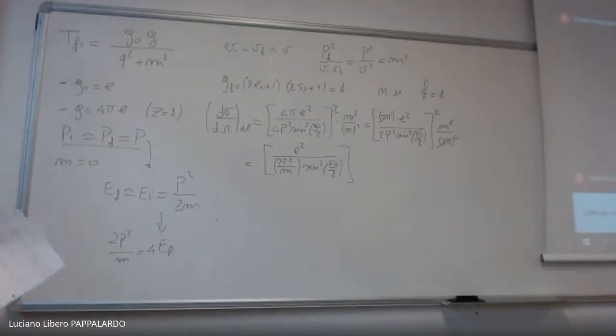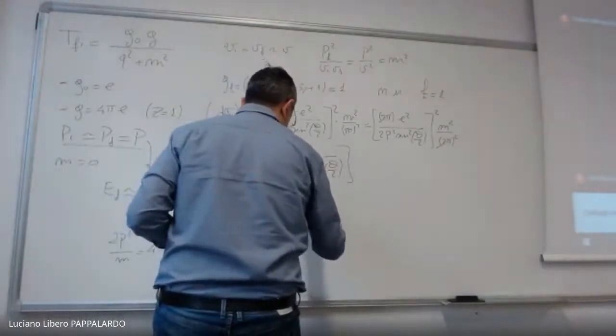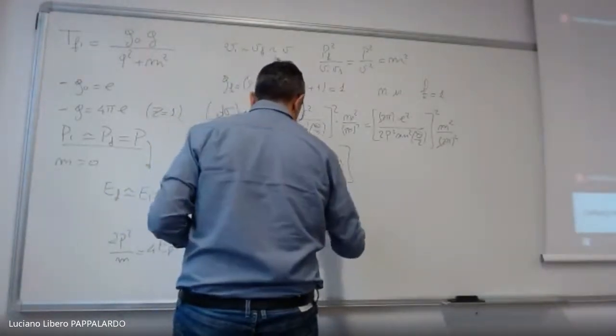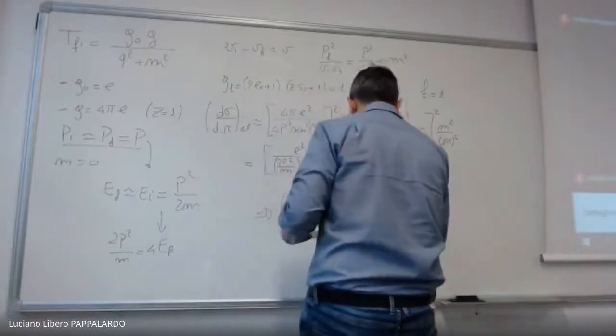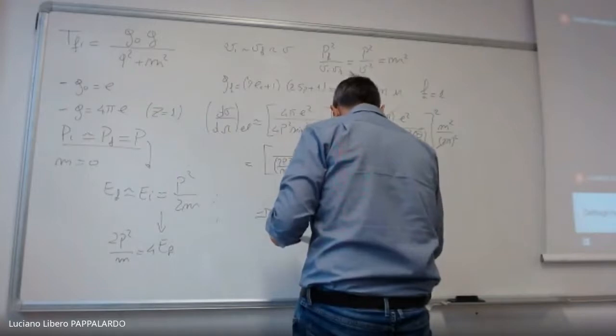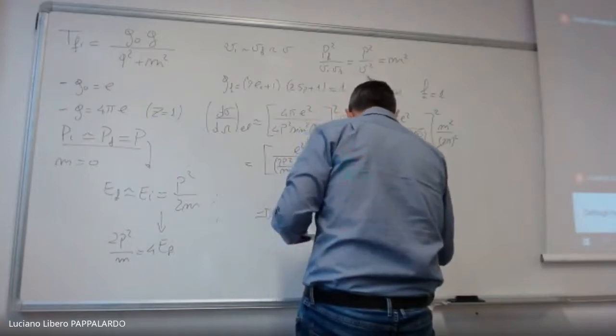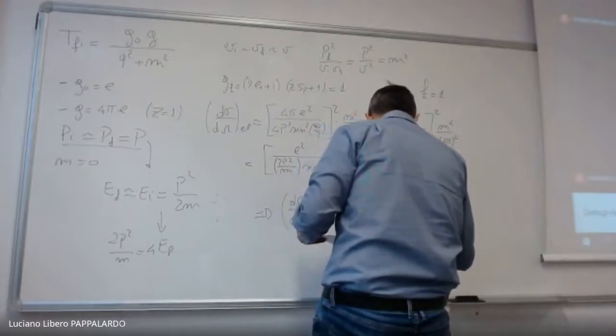Okay, so let's just substitute here. Again, we obtain e to the fourth over E_f squared and sine to the fourth of theta half.